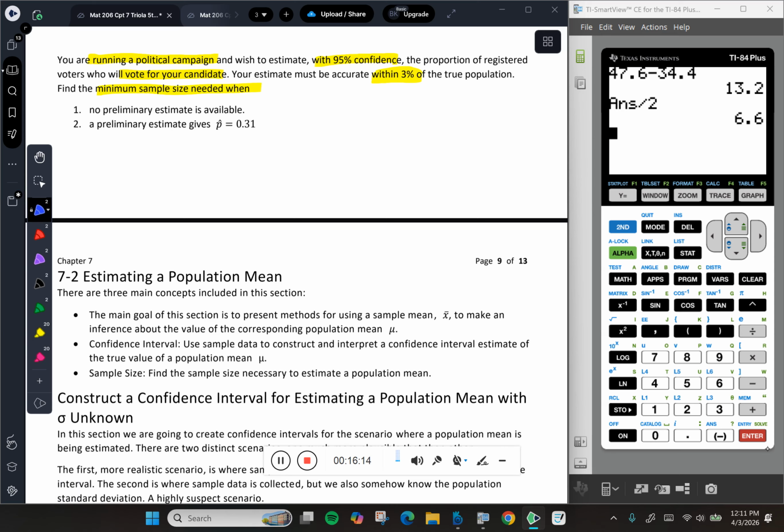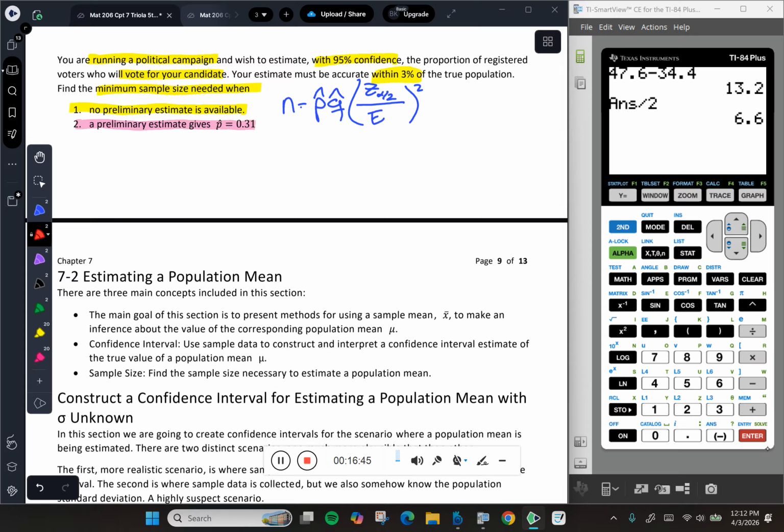I know the formula. The formula says that n is p hat q hat times z sub alpha over 2 over margin of error, that quantity squared. And it looks like they want us to do this both ways again. Part 1 or A where we don't know any information, and one where we do know some preliminary information.